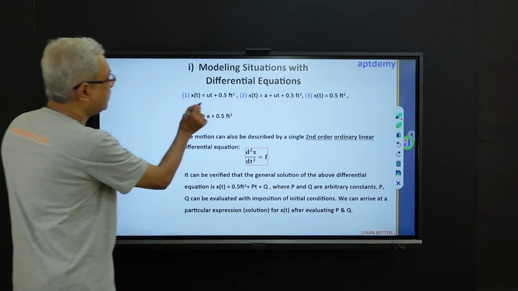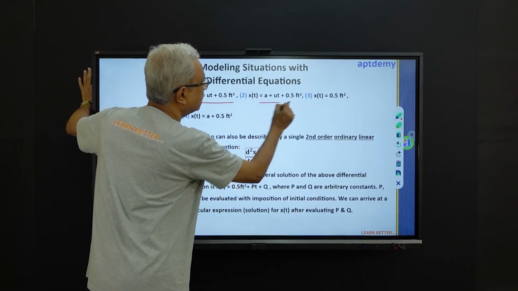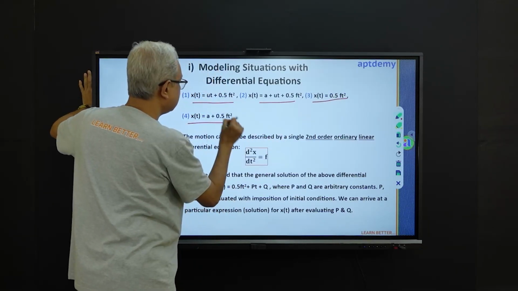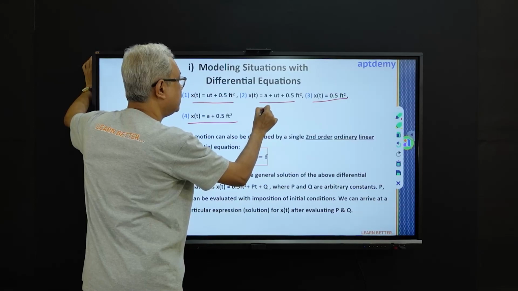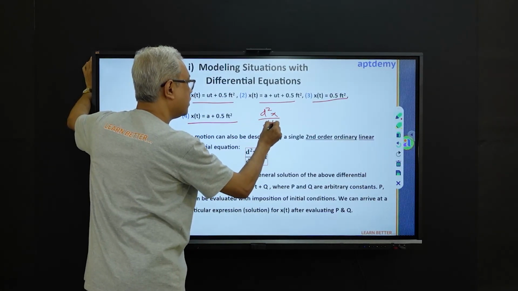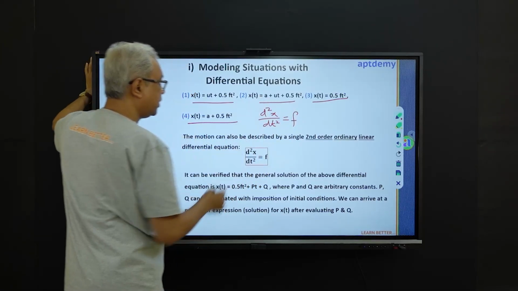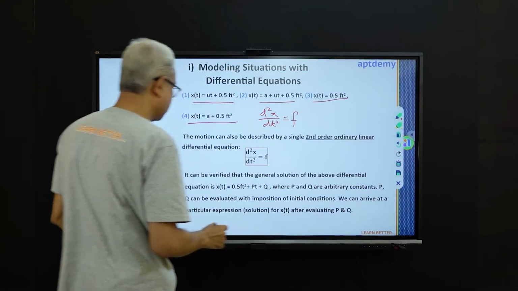So whatever be the algebraic equation, these or these or these or this, you verify that d2x dt square is f for all the cases, where f is the uniform acceleration of the particle.